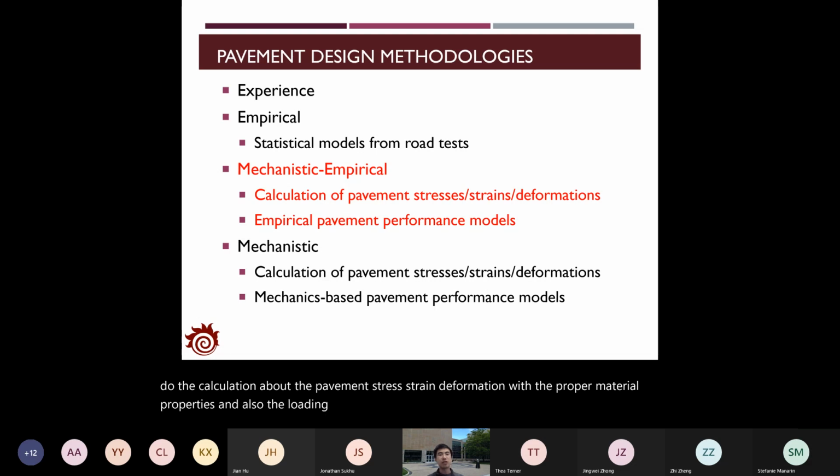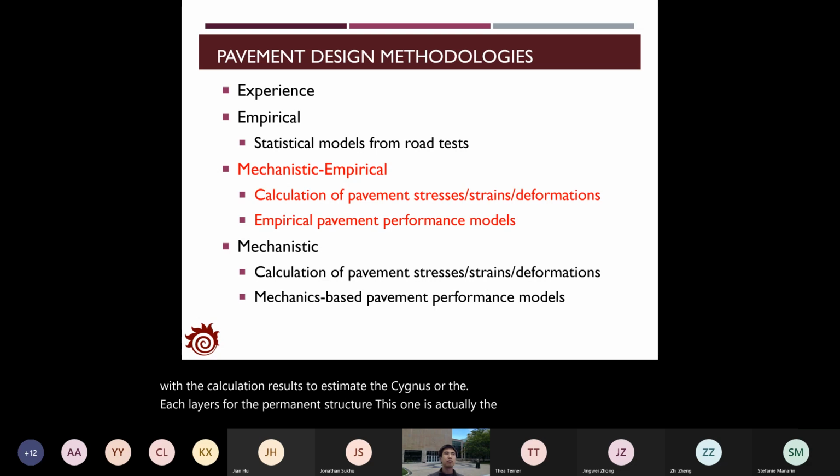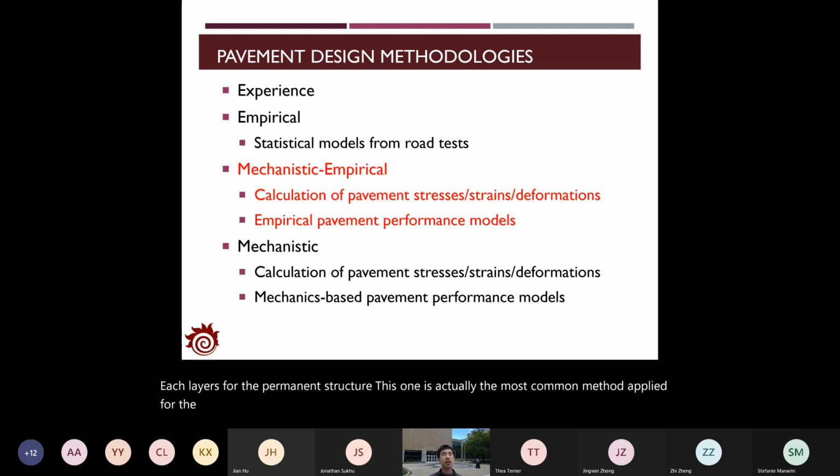Then we use the empirical models with the calculation results to estimate the thickness of each layer of the pavement structure. This one is actually the most common method applied for design in the US and Canada. In this class, we will focus on the ME method.